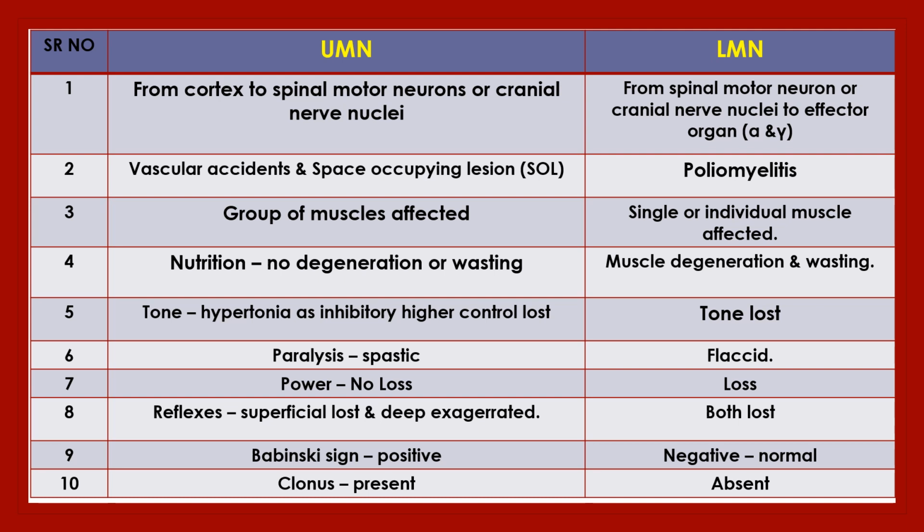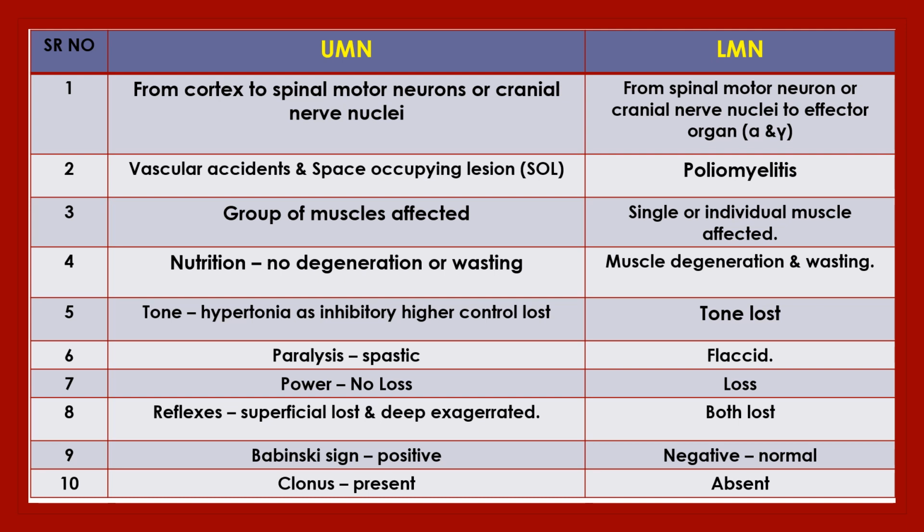Paralysis is spastic type. There will not be any marked power loss. Reflexes: the superficial reflex is lost and the deep reflex is exaggerated. Babinski sign is positive. Clonus is present. Muscular resistance to passive movement is exaggerated.